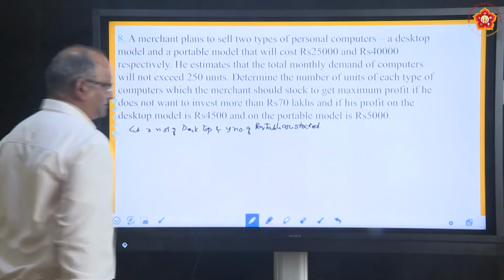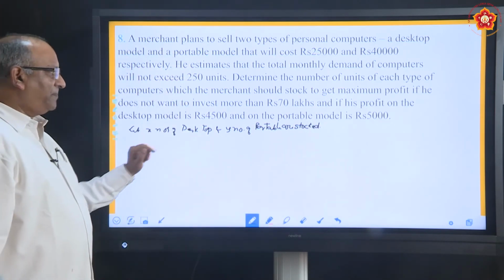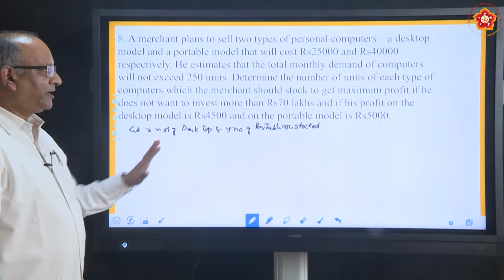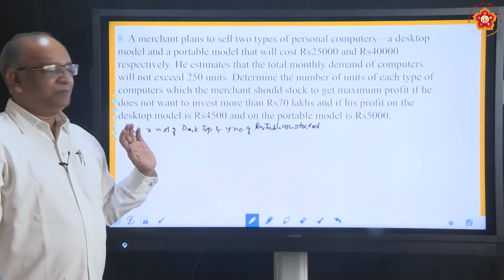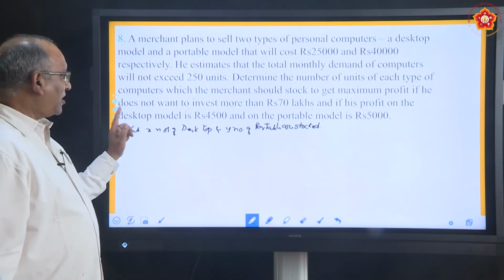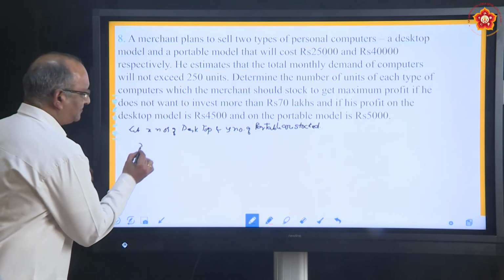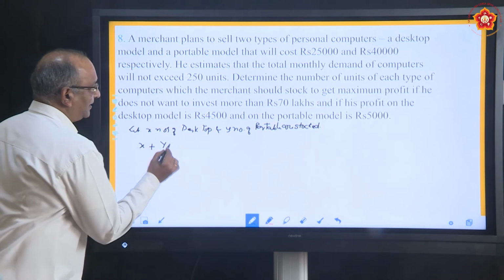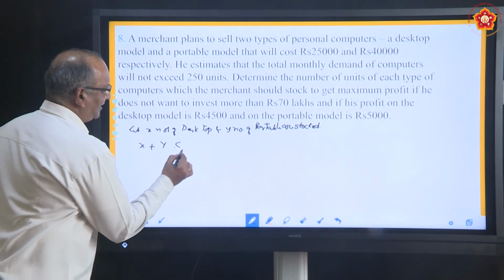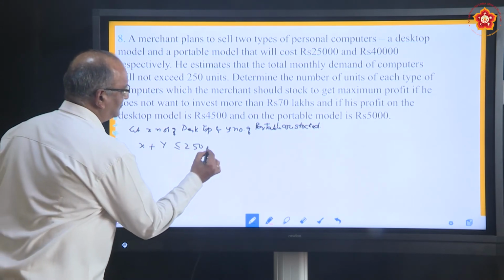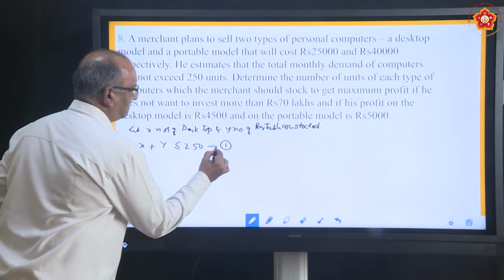He has stocked X numbers of desktop and Y numbers of portable computers, but he says he cannot stock more than 250 units. So the first one is X plus Y is less than or equal to 250. This is the first one.